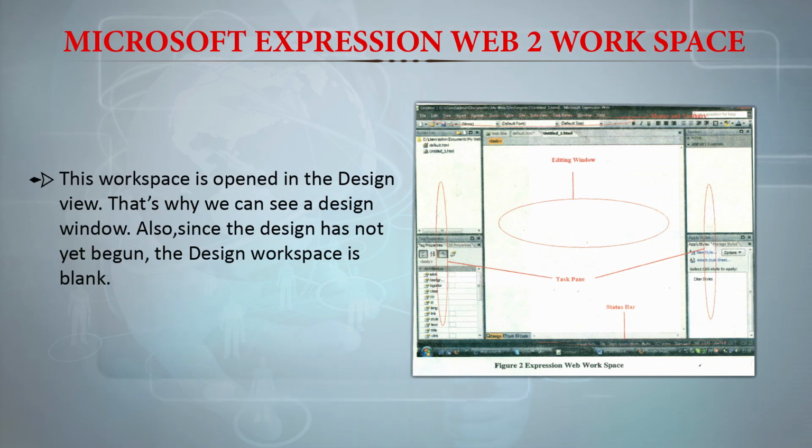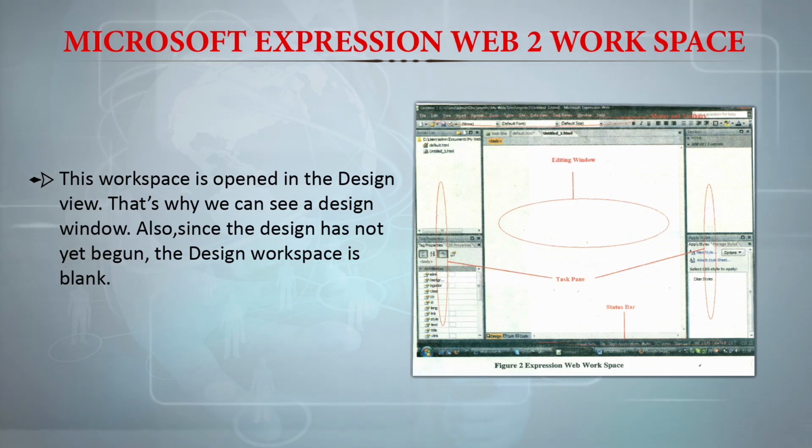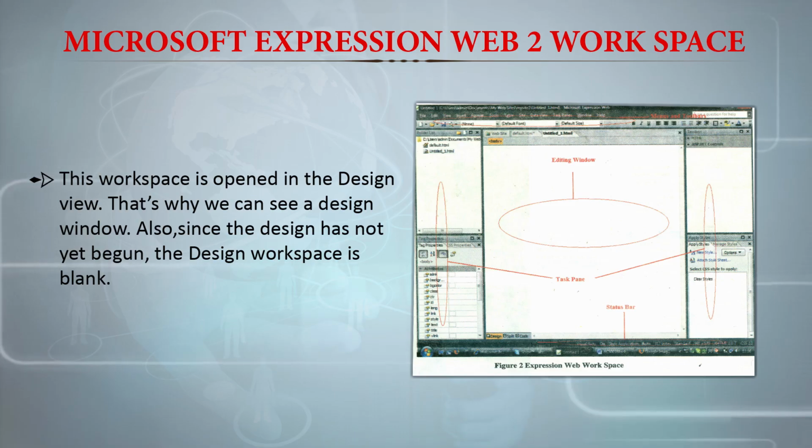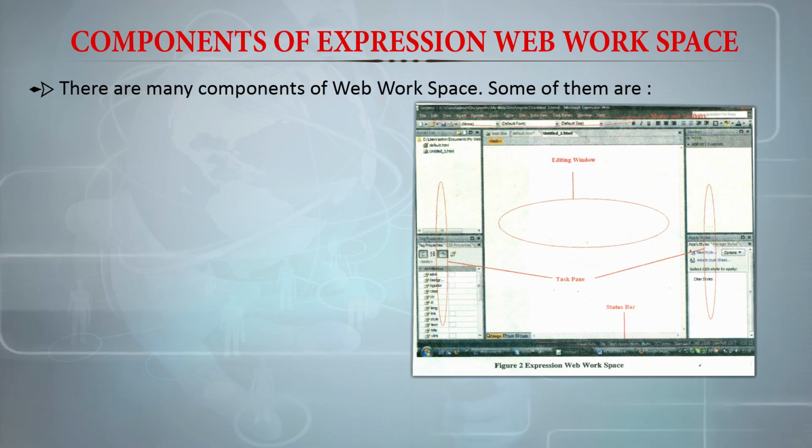This workspace is opened in the design view, that's why we can see a design window. Also, since the design has not yet begun, the design workspace is blank. However, once you start working and save it, it will have some content. But initially when you start, the design workspace will be blank. Then there are several components of the Expression Web Workspace.